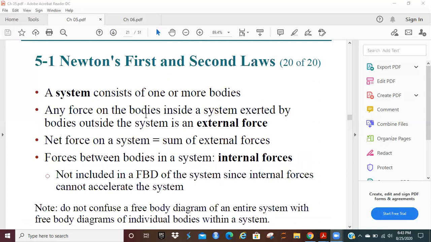Okay. So a system consists of one or more bodies, and any force on the bodies inside a system exerted by bodies outside the system is an external force. So the net force on the system is going to be the sum of external forces.